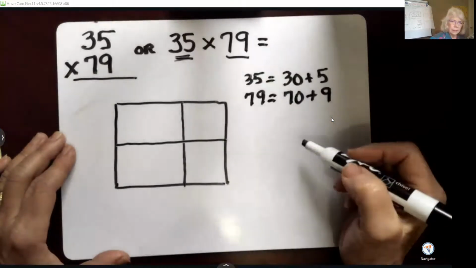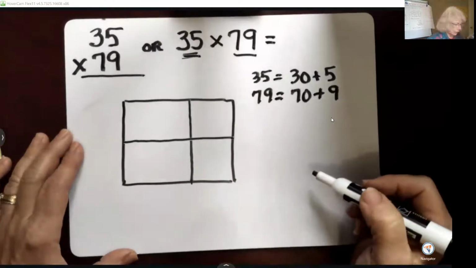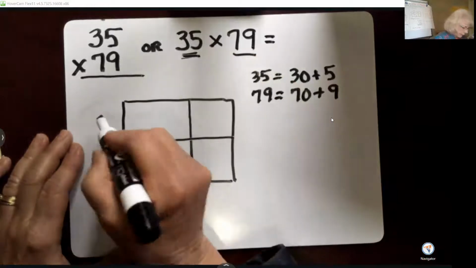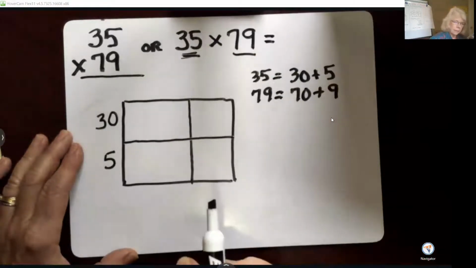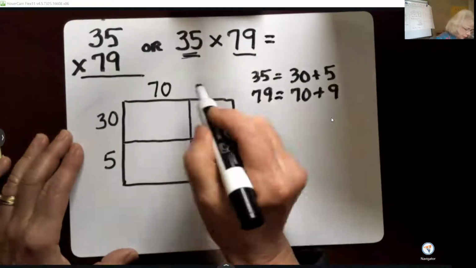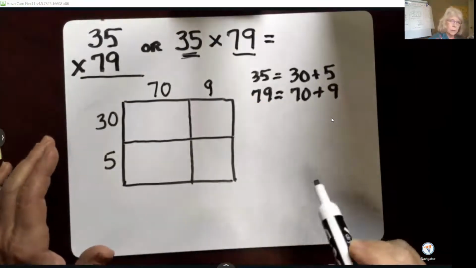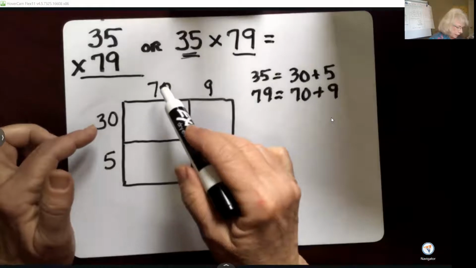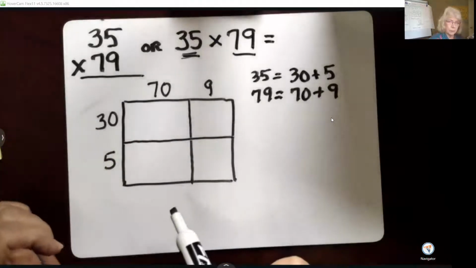We use that expanded form to set up our area model. Here's how we set it up: the 35 is in expanded form down the left side, and the 79 is in expanded form above the top. Now we're going to multiply these numbers to get 4 different partial products, they're called.